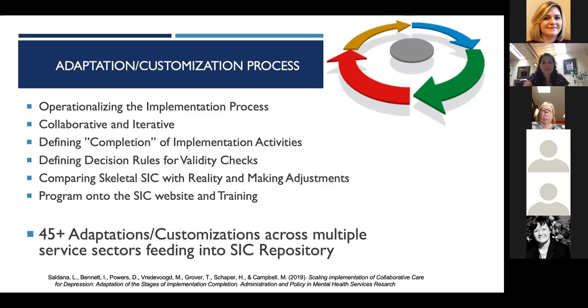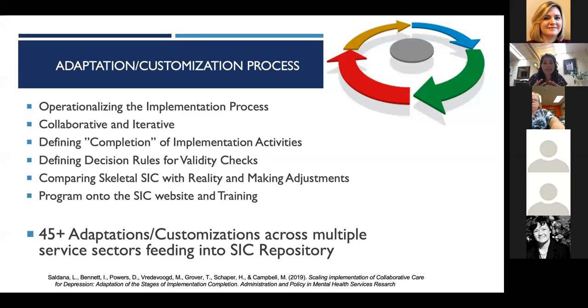So we have developed a standardized way of doing this. We operationalize the process with the developer group or with the purveyor group. We come up with the decision rules around scoring. And then we plug all of this into the SIG website. So the SIG is a technological tool. It is web-based, and it's where you do all of the data entry. We've done over 45 adaptations or customizations now. I think we're actually over 50.